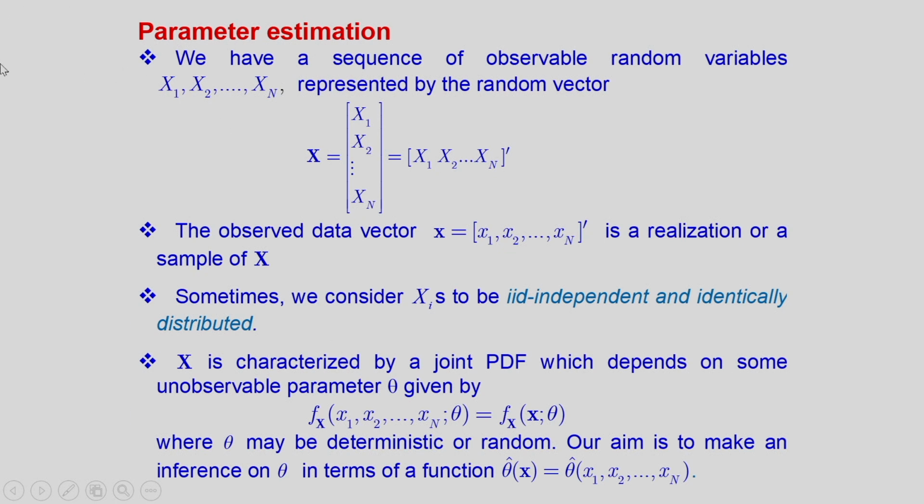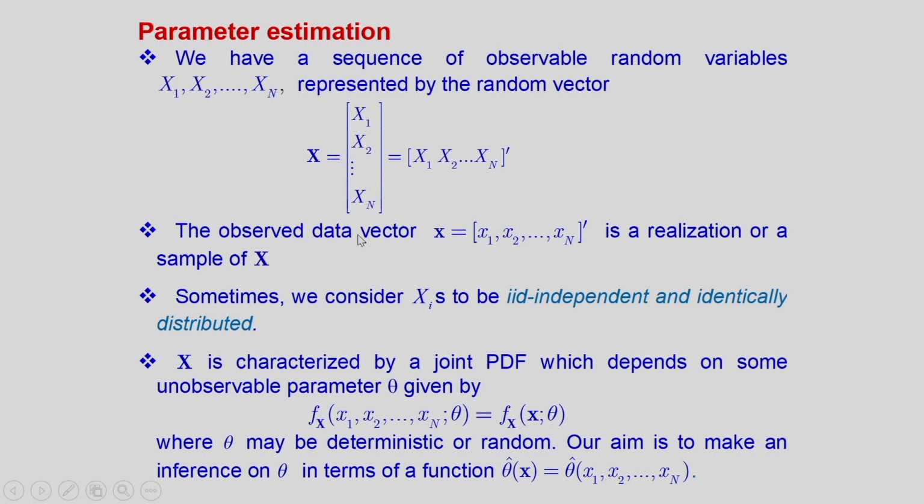Parameter estimation. We have a sequence of observed random variables x1, x2 up to xn. There are n random variables represented by a random vector. It is represented as a column vector, which we can write as the row vector transpose. So, the observed data are modeled as random variables. Now, what are the particular values of the observed data?